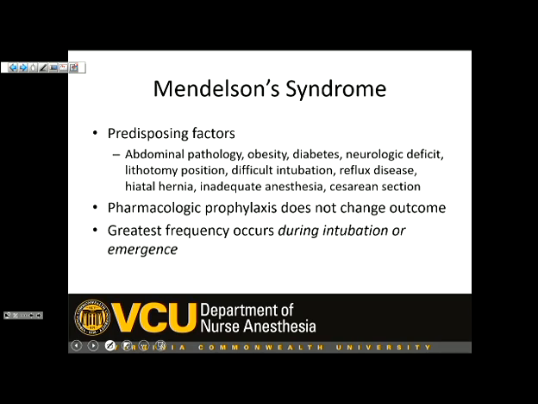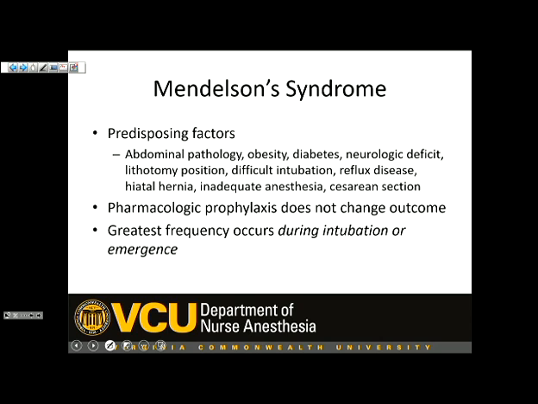Some of the patients are at particular risk for aspiration during the perioperative period. If two patients have aspiration of the same volume and same pH, would a person who is obese be more at risk for the aspiration pneumonitis than the other? No, these are risk factors for aspiration to begin with. So what are the patients who are at risk for aspiration?